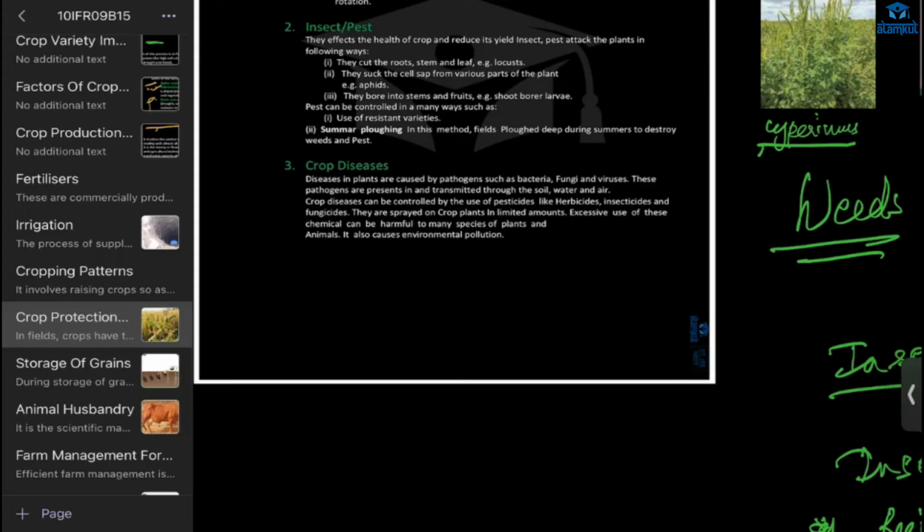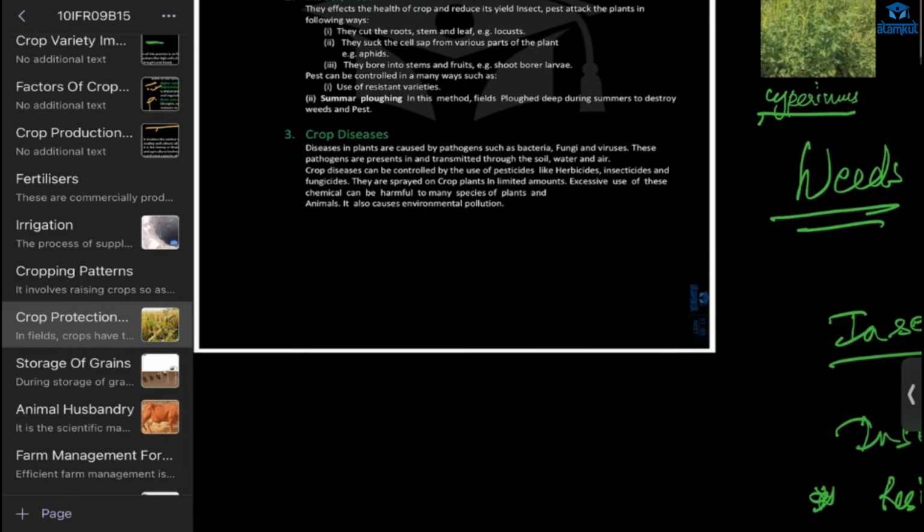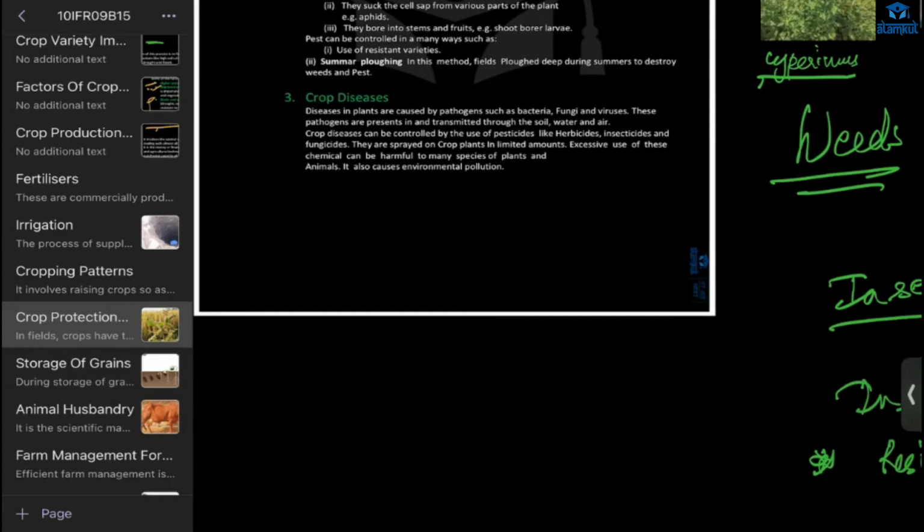Okay, and how are these controlled? They are controlled by herbicides, insecticides, and fungicides. Also, if we find that a crop is infected, it is taken out of the field so the rest of the plants cannot get infected.